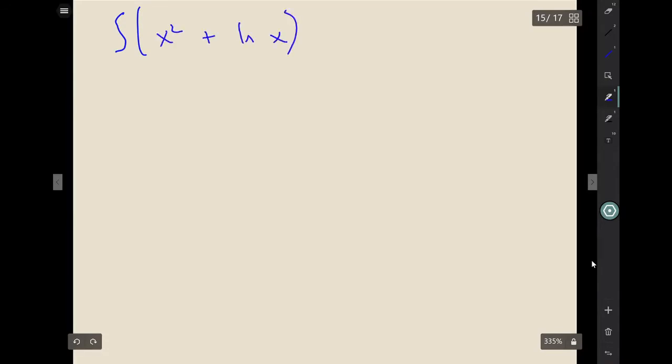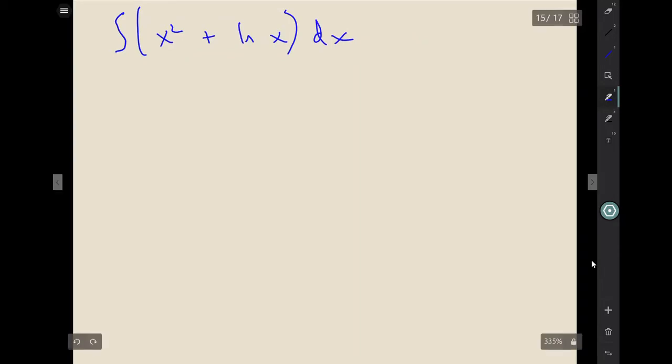Our next rule says that I have the integral of, say, x squared plus log of x. So I've got the integral of these two functions. I can say that the integral of a sum is equal to the sum of the integrals.